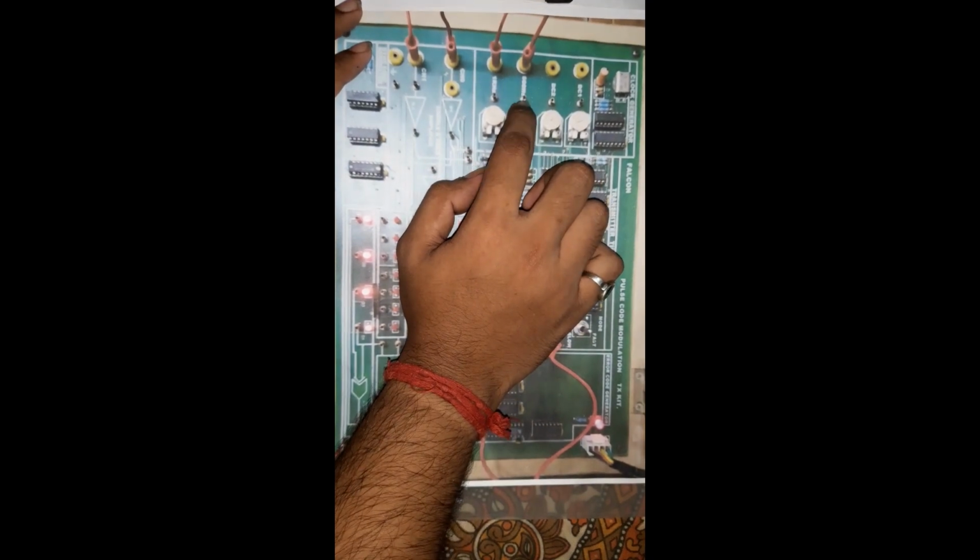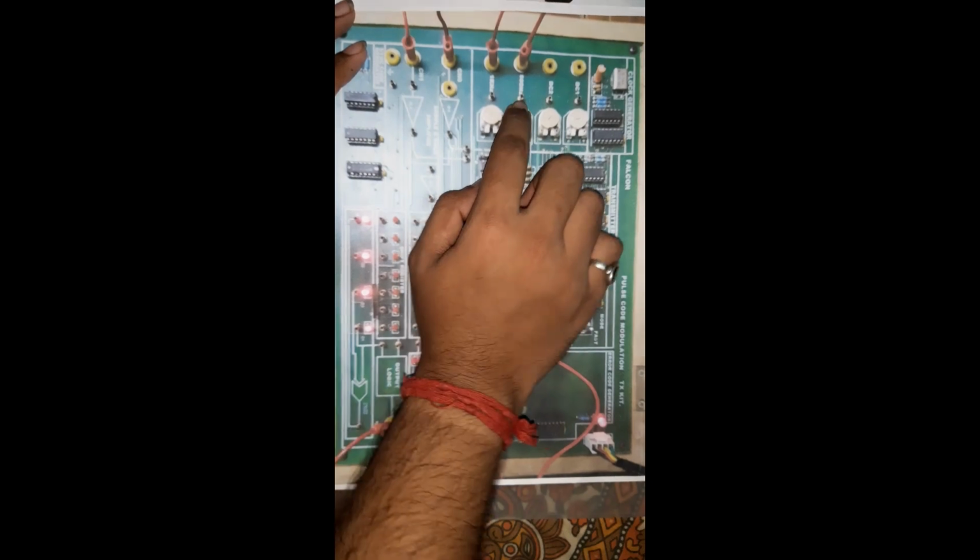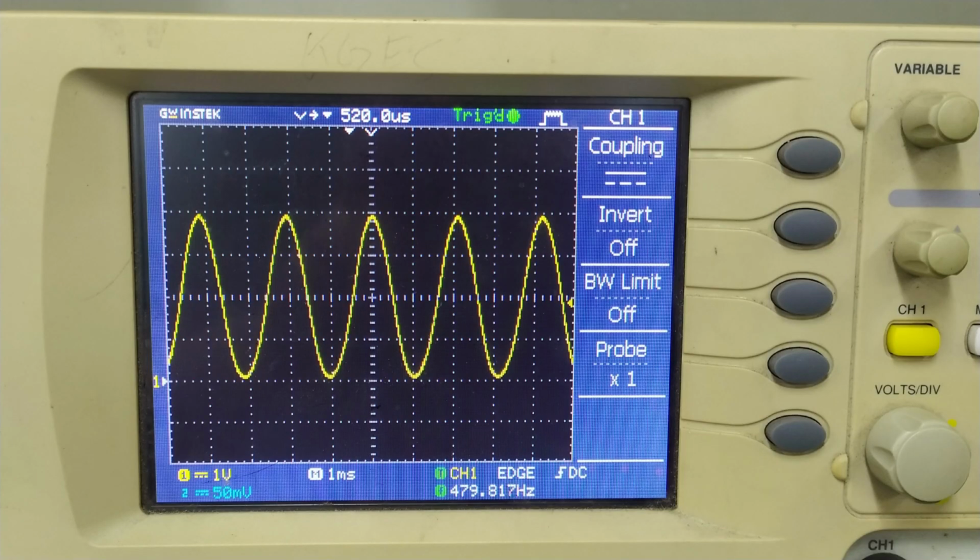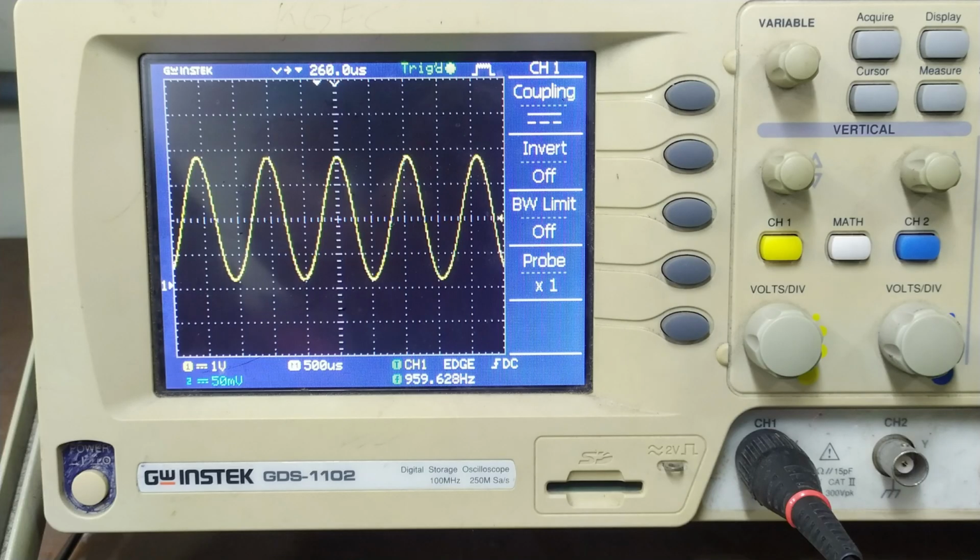And this is our voice signal. You can see in the screen that I am showing how the 500 Hz signal will look like. I have clicked this picture from the DSO. And the 1 kilohertz signal looks like this. I think you can also see this picture on the screen.